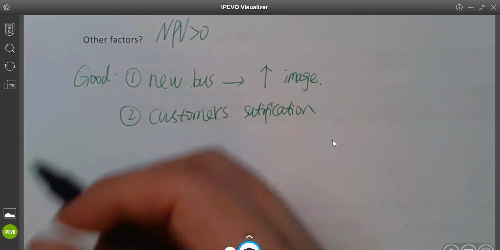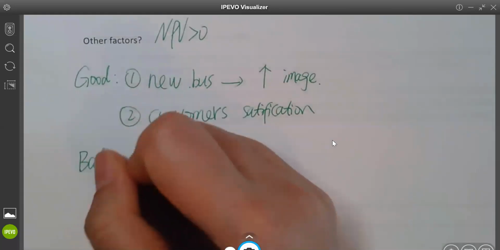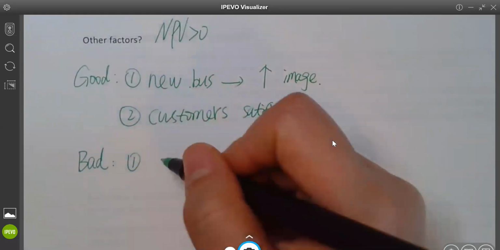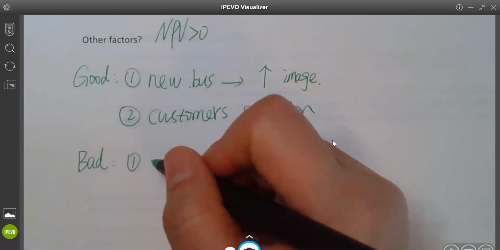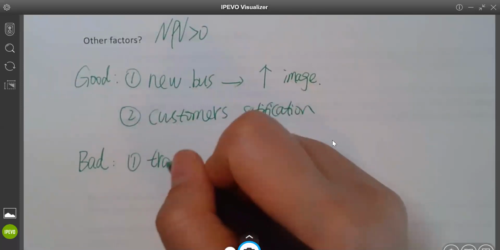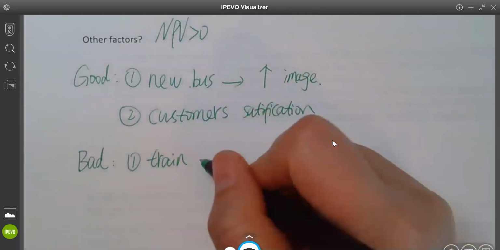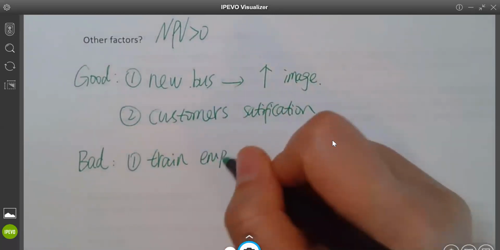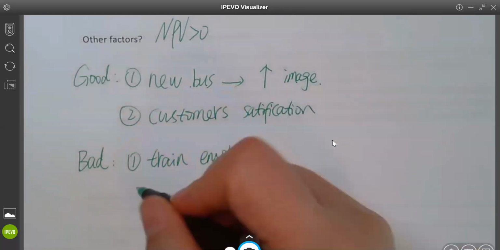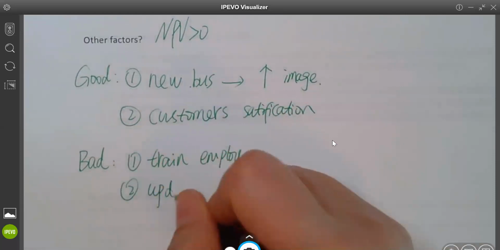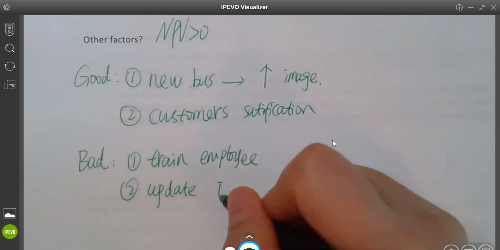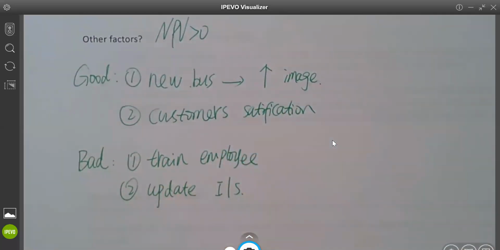But there are also some bad factors you have to think about. One is you may have to train your employees, because it's hybrid, so drivers must be trained how to drive it. And you may also have to update other information systems, because the new bus is high technology.